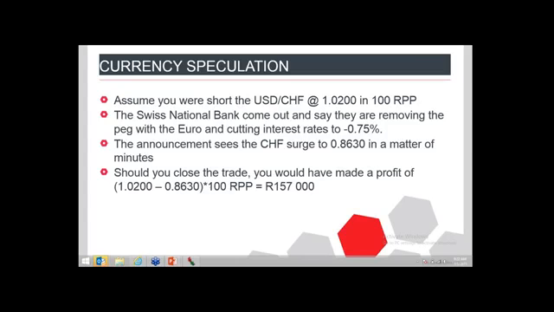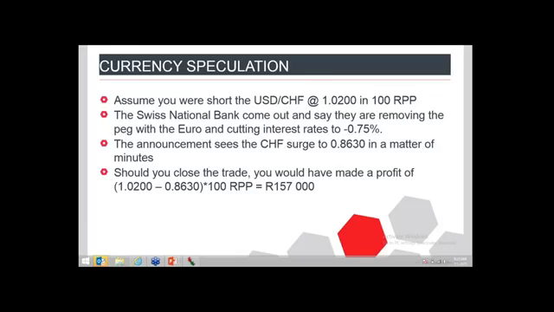The Swiss National Bank came out and said they were removing the peg against the euro and cutting interest rates to negative 0.75%. This announcement saw the franc surge to 0.8630. Essentially, the franc had strengthened, so you now required a lot fewer francs to purchase a single euro.